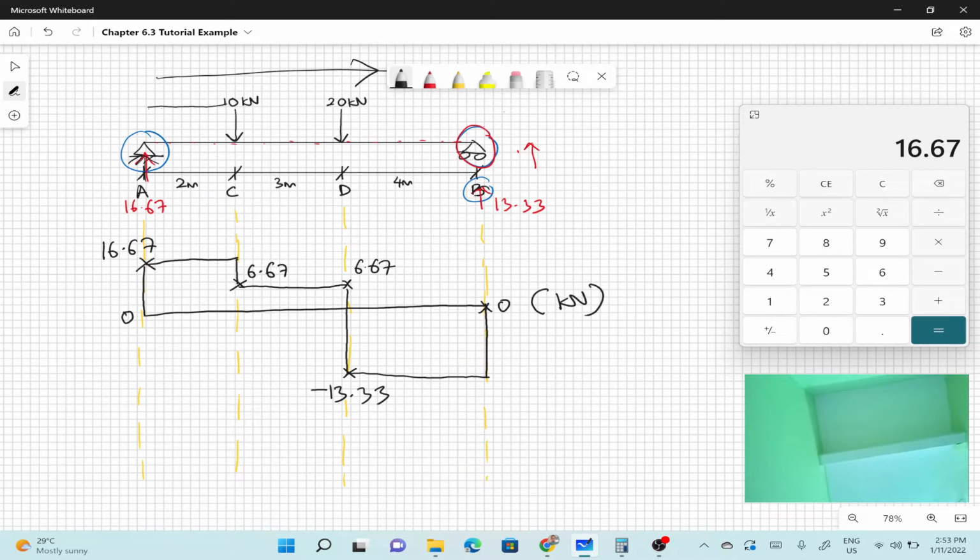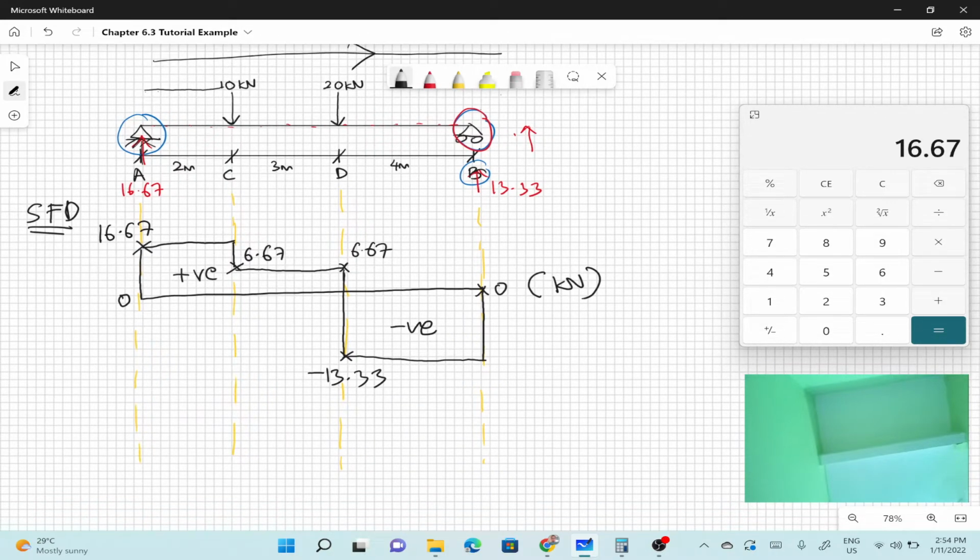Shear force is in kilonewton. If you still don't understand shear force, please revisit the videos that I've given you before. And last but not least, class, for the shear force diagram, make sure you label the positive side and negative side, just like a graph. Anything on the positive side, we assume it's positive, and then it's negative. And that is our shear force diagram.